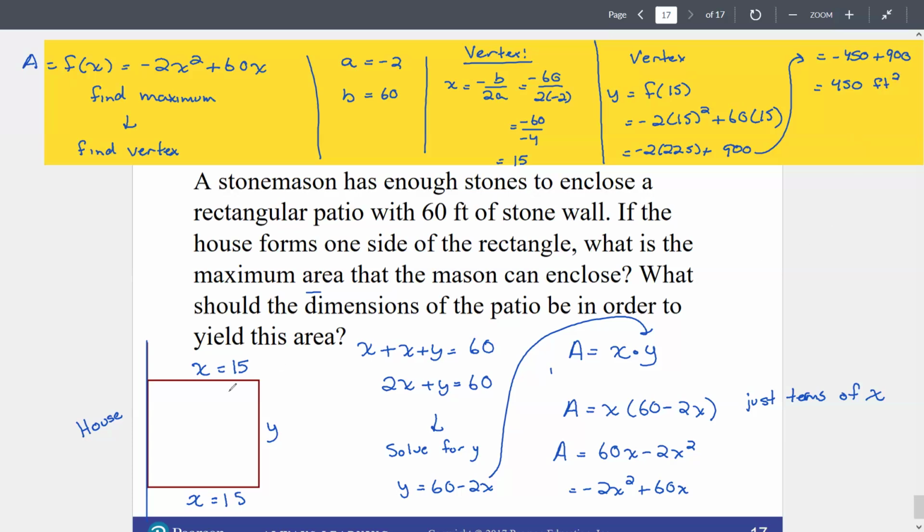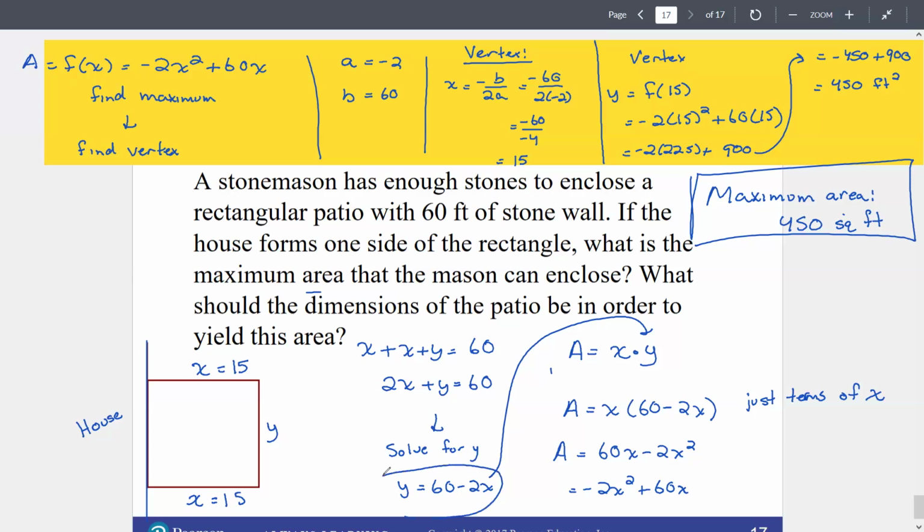So then once again, if we go back to my dimensions, the maximum area we said is 450 square feet. Then we want to know what are the dimensions. Well, that goes back here. We know that x would have to be 15. So what would y have to be?